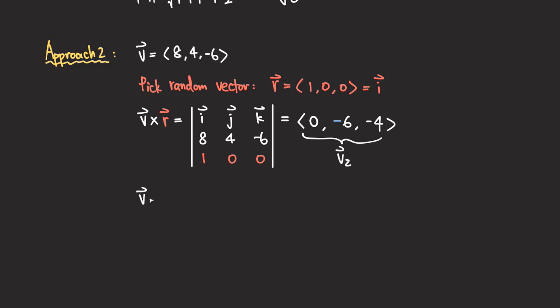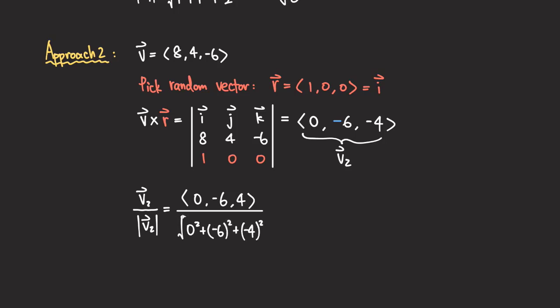So we are going to get v2 over the magnitude of v2. We get 0, -6, 4 in the numerator, and then the square root of 0 squared plus -6 squared plus 4 squared. The numerator stays the same, right?